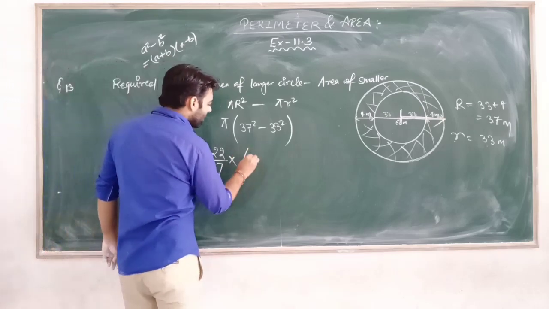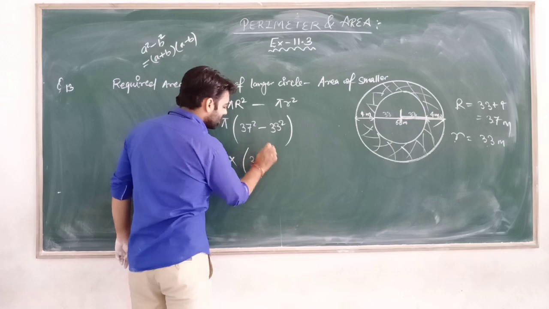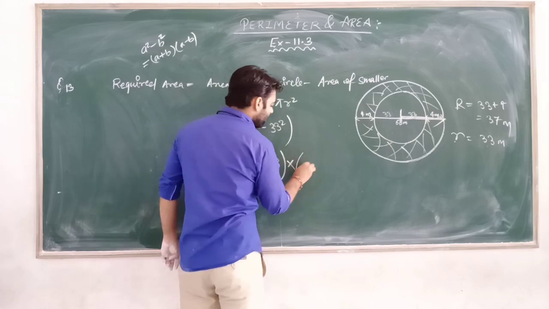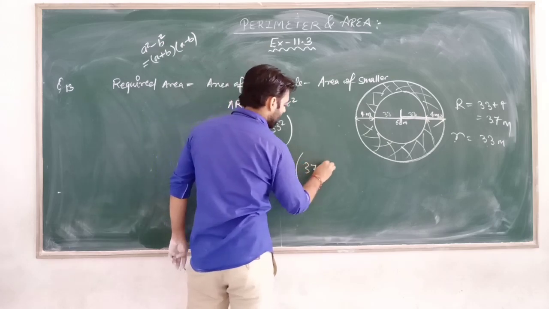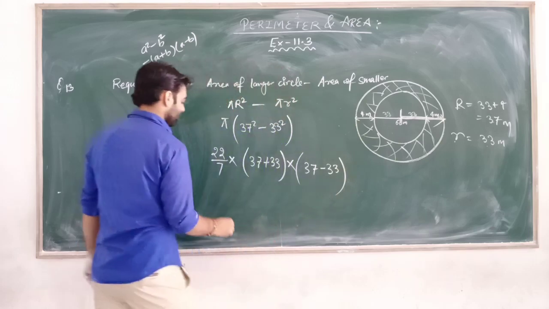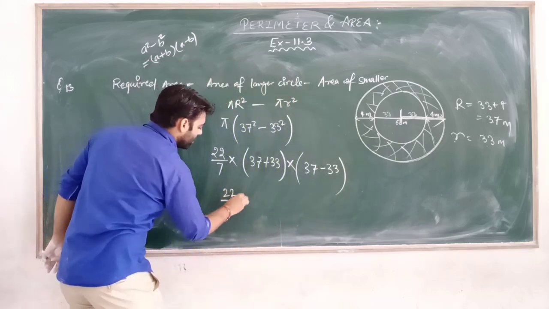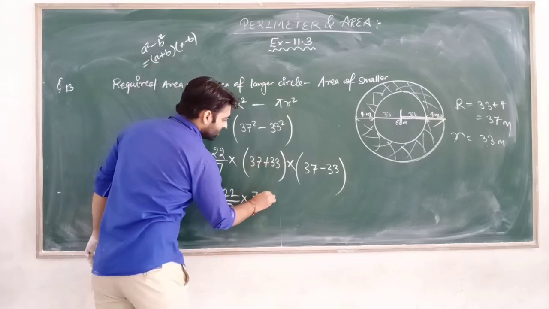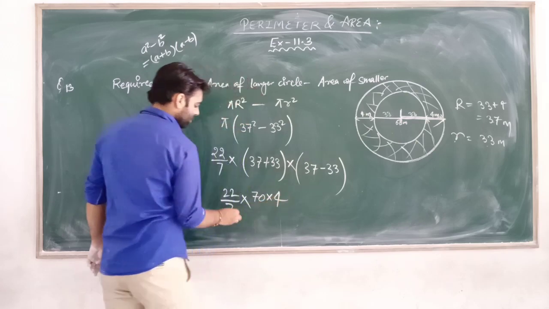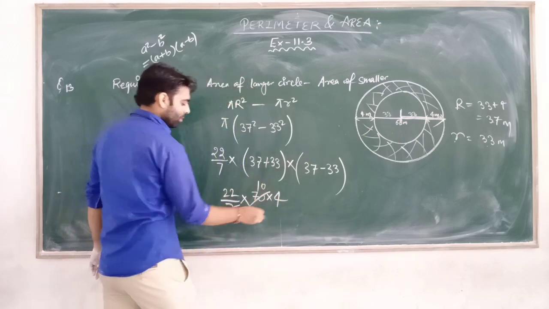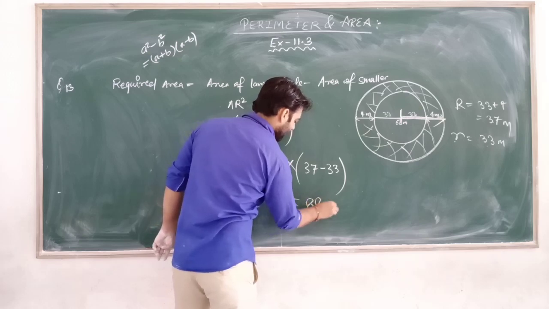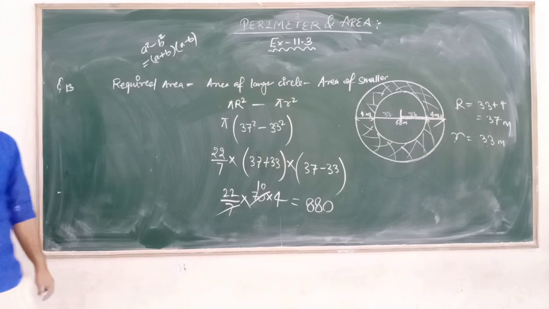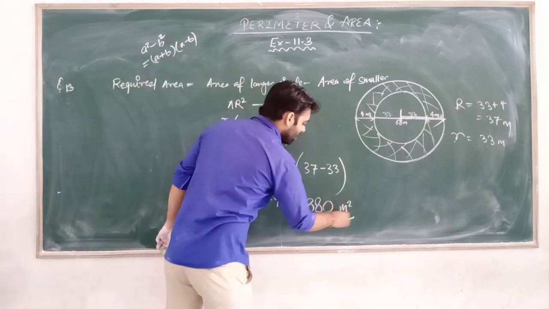So we add 37 plus 33 in one bracket, and in the other bracket 37 minus 33. 22 upon 7 into 70 into 4 equals 880 meter square will be the answer.